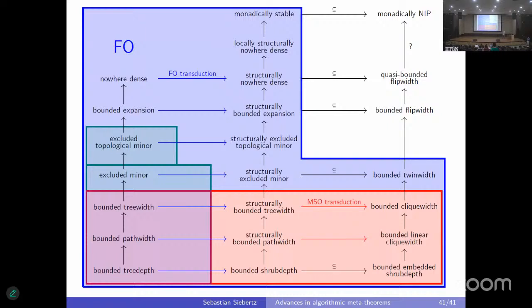This is the conjecture, exactly. For the hardness, hereditariness is important, and for the positive result, I would assume that we get it for all monadically dependent classes.